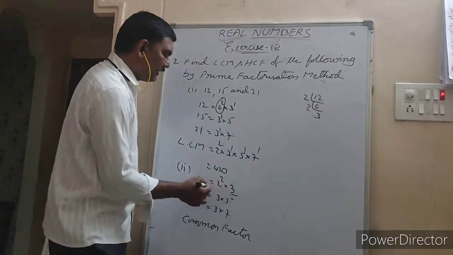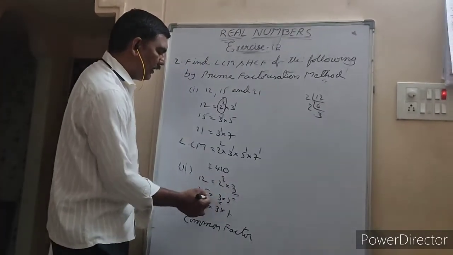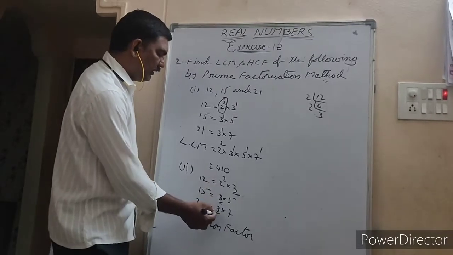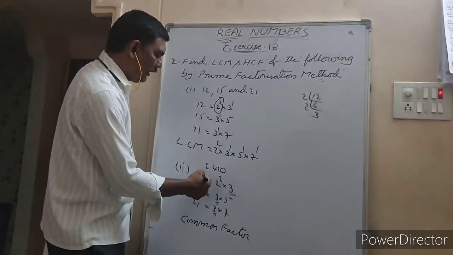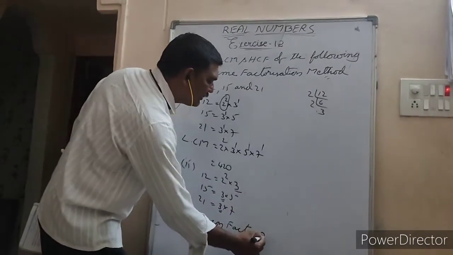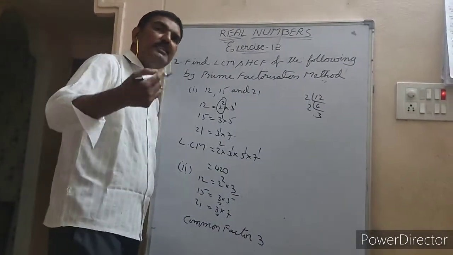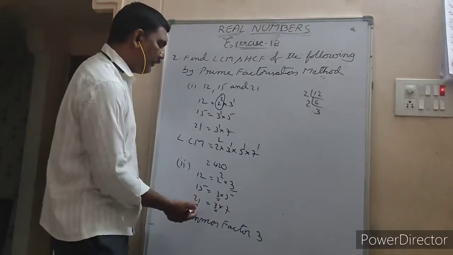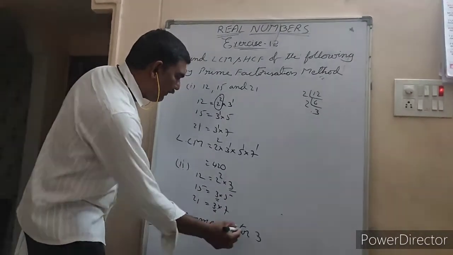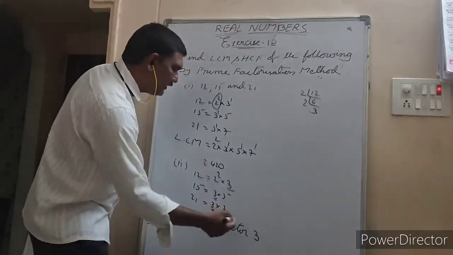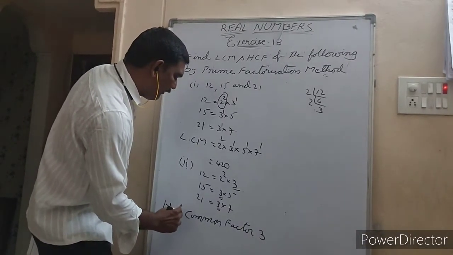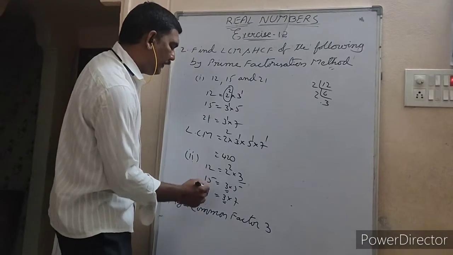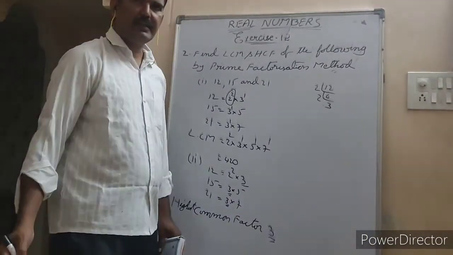So 3 you are seeing in 12. Here also 3 is seen in 15. 3 is there in 21. The common factor for all of 12, 15, 21 is 3 only. The highest common factor is also 3 only. So the common factor is 3 and the highest is also 3. The HCF, highest common factor, for 12, 15, 21 comes out as 3.